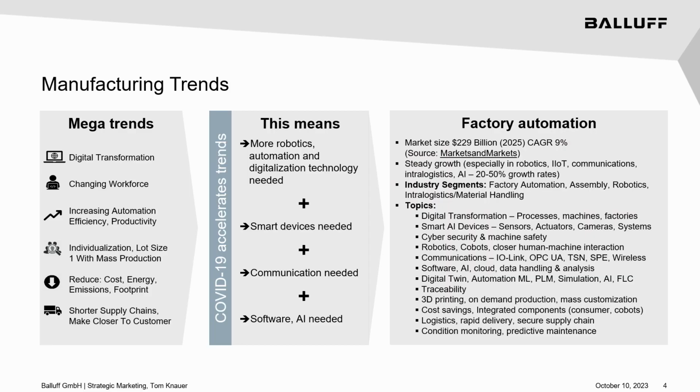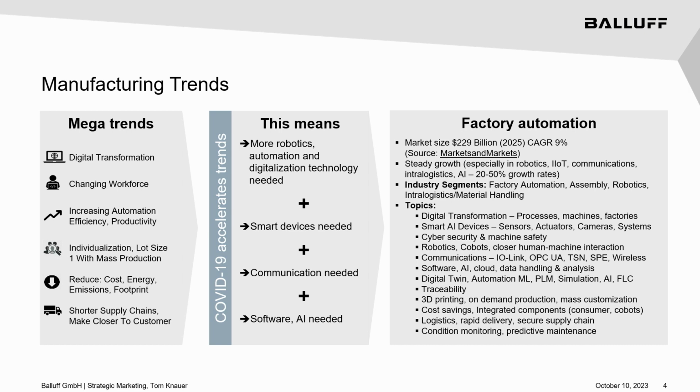In general, we see that the market for factory automation is large and growing rapidly, significantly faster than the economy overall. There's a lot of different segments using automation. Automotive, packaging, food and beverage, general factory automation, intralogistics, material handling and warehousing.